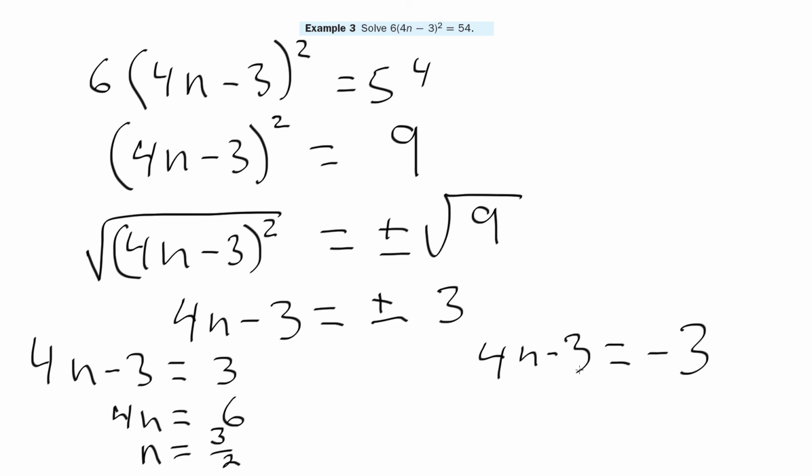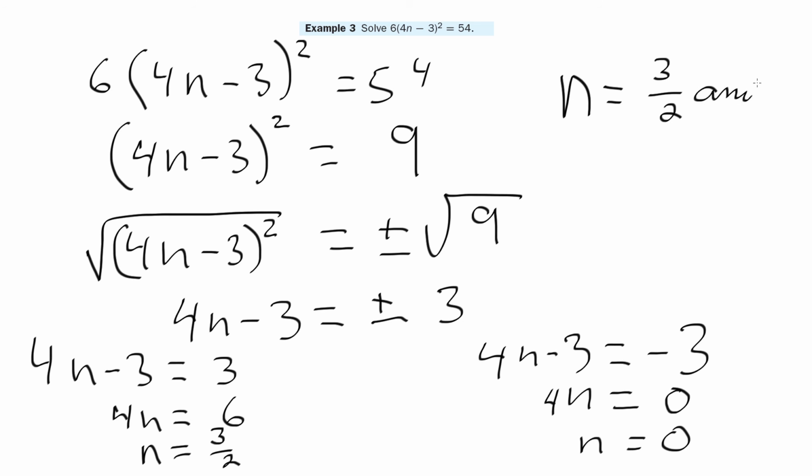Negative 3 plus 3 is 0. 4n equals 0, so n equals 0. My solutions for n, for the equation we solved, n equals 3 halves and 0. Those are our two solutions for the equation.